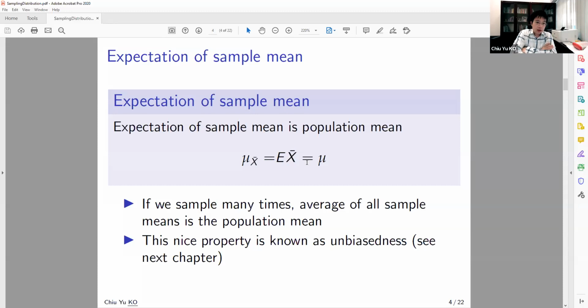Later you will see this is unbiasedness. As we said, let's take a break of 15 minutes, and then we come back to talk about the rest of the chapter.